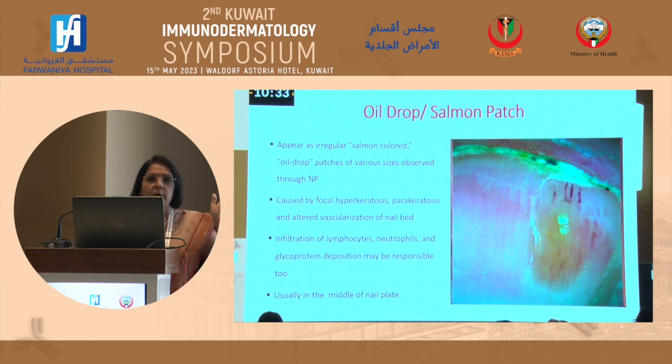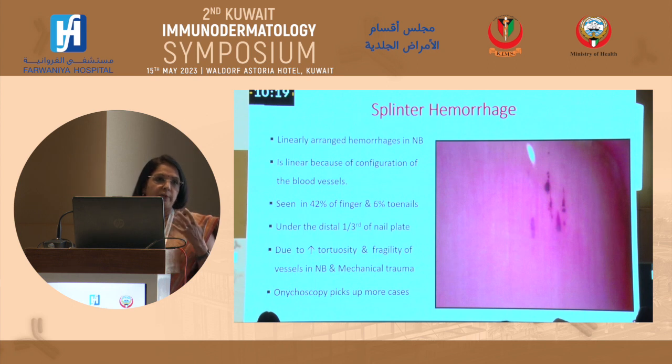And this is because the orientation of the blood vessels in the nail bed is like this. So you will see splinter hemorrhages, and this is another thing, because splinter hemorrhages get more recognized when you do onychoscopy. And when I say onychoscopy for vessels, it is always polarized mode with an interface.